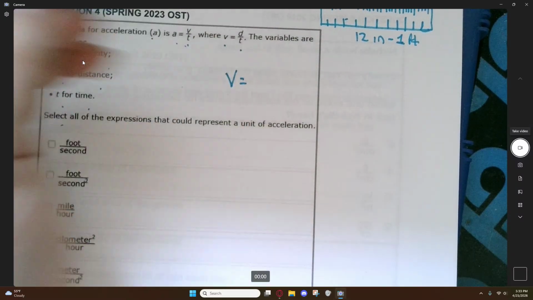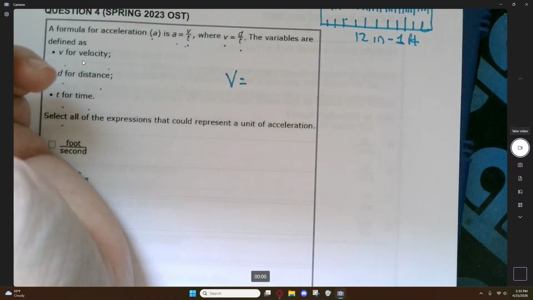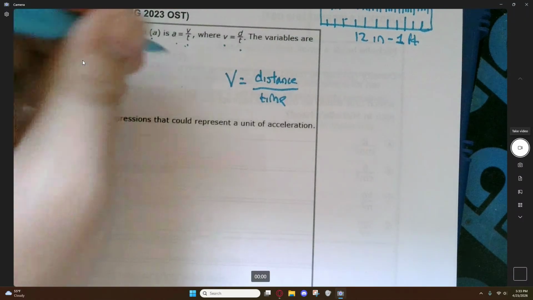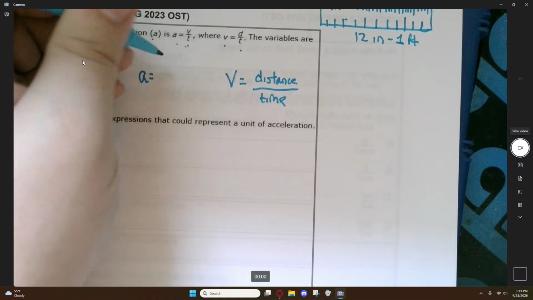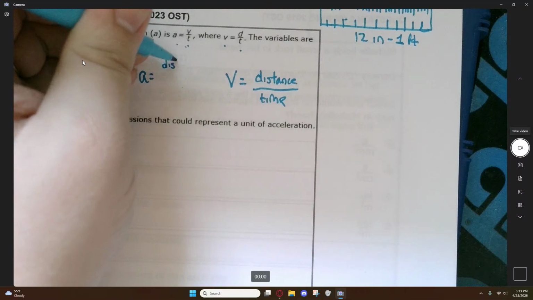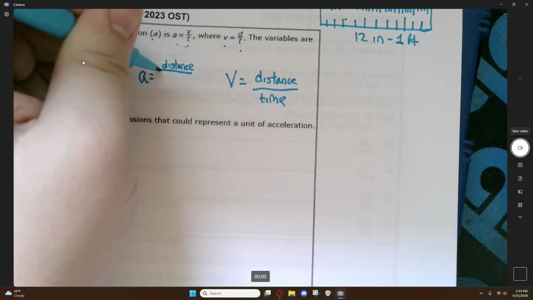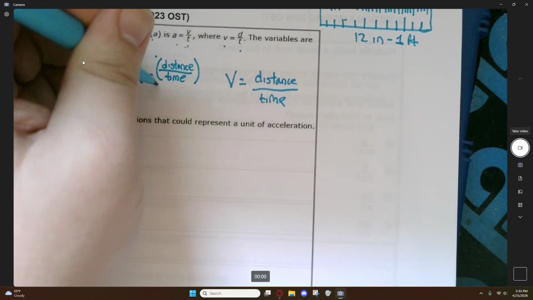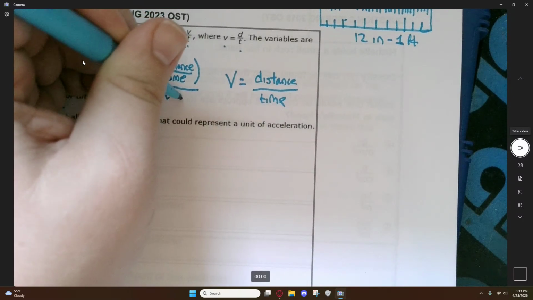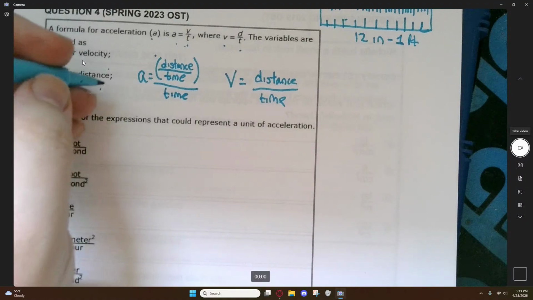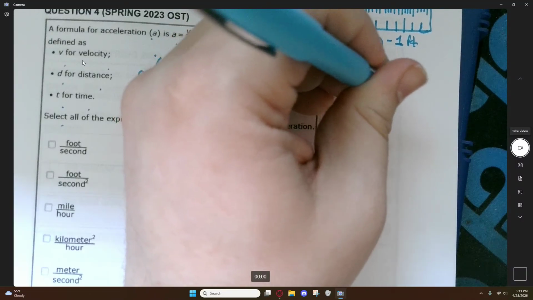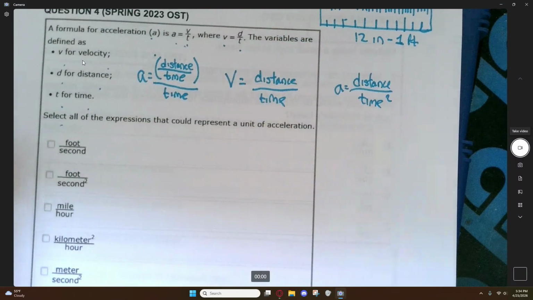V, okay? V equals distance over time. And A is equal to distance, this is going to be small writing, but over time, that's your V, all over time again, otherwise known as A equals distance over time squared.